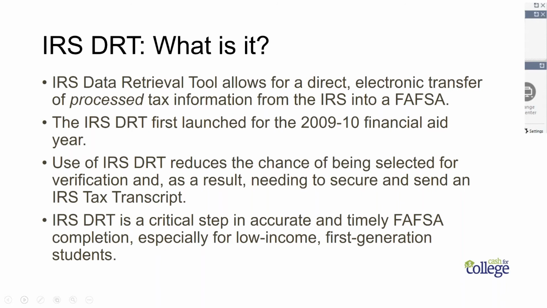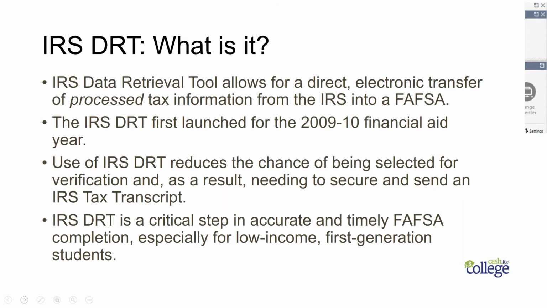And oftentimes when they have to verify their income on the FAFSA, they have to secure and send in an IRS transcript to their school's financial aid office. So it's this whole other process that's very involved and can be very confusing and overwhelming to a student. So the IRS data retrieval tool is great because it reduces their chances of having to go through that process.